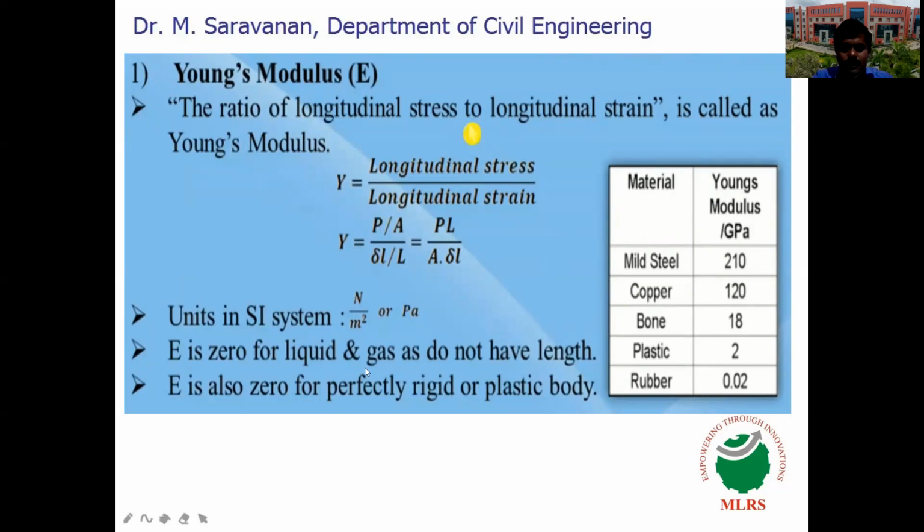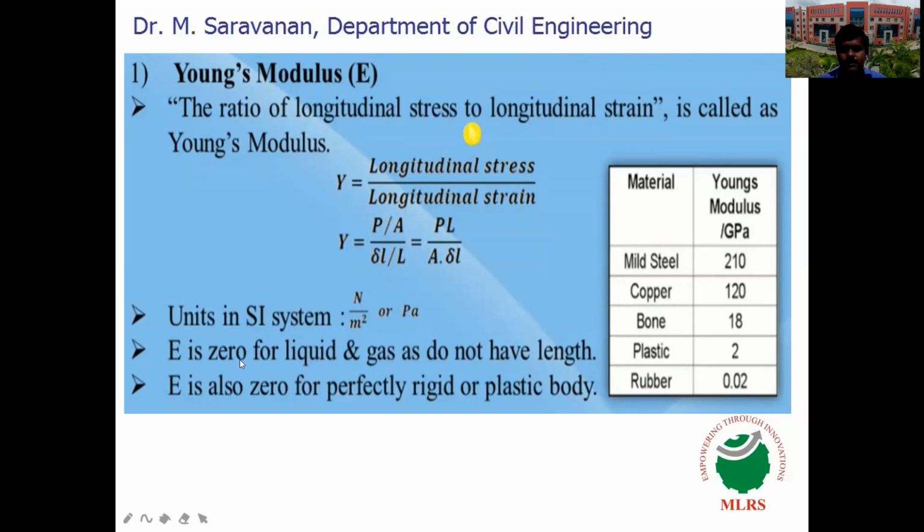So as we said, the ratio of the longitudinal stress to the longitudinal strain is called Young's modulus. The longitudinal stress is load by area, and the longitudinal strain is delta L by L, therefore Young's modulus is PL divided by A into delta L. Young's modulus is 0 for liquid or gas, as they do not have any length. But Young's modulus is with respect to the length, longitudinal stress by longitudinal strain.